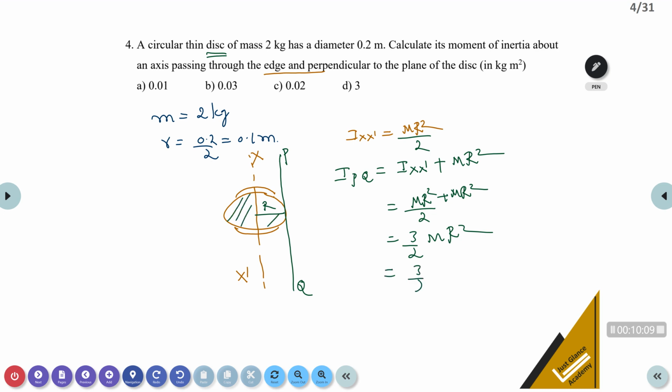This is equal to 3 by 2 into mass 2 into 1 into 10 to the power of minus 2, the 2 gets cancelled, equal to 3 into 10 to the power of minus 2, equal to 0.03 kg meter square. So B is the right choice.